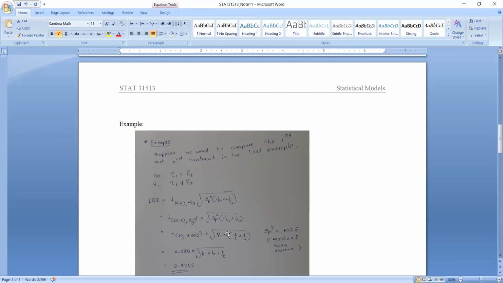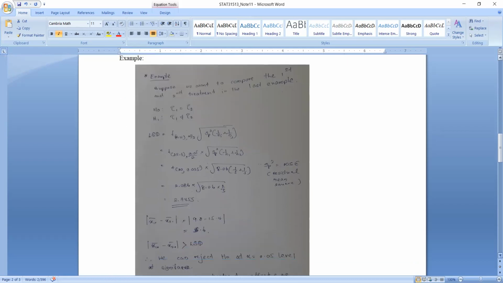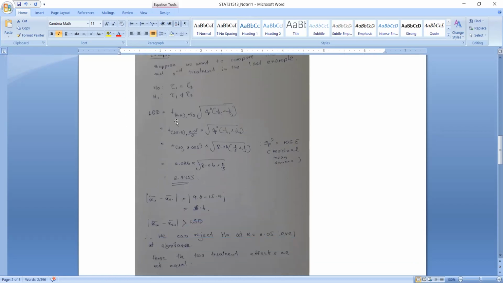In that example, we have 5 observations in every treatment, so that is 1/5 plus 1/5. When you simplify this, you will get the least significant difference equal to 3.7.